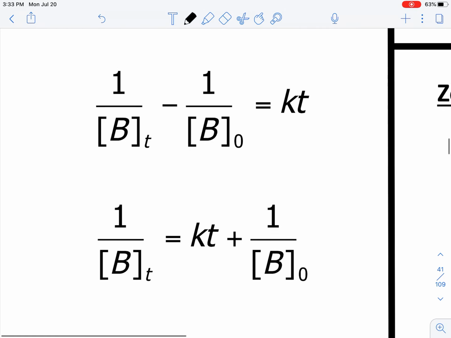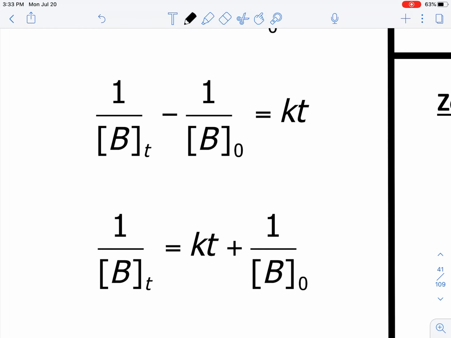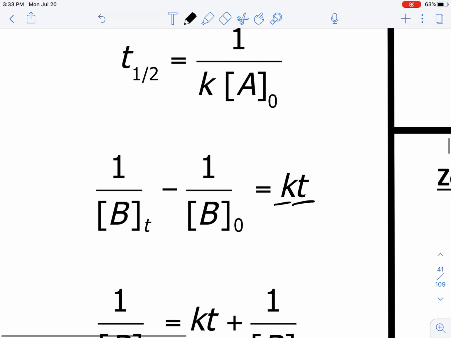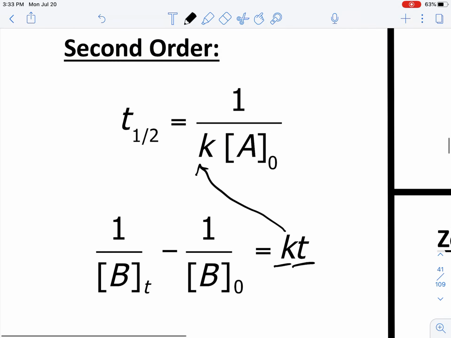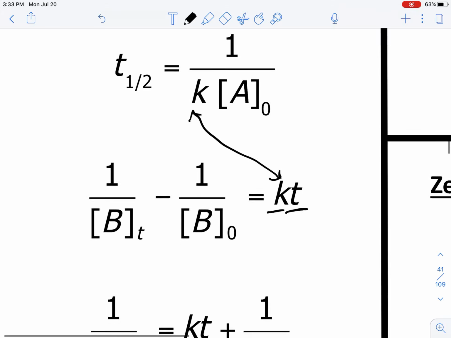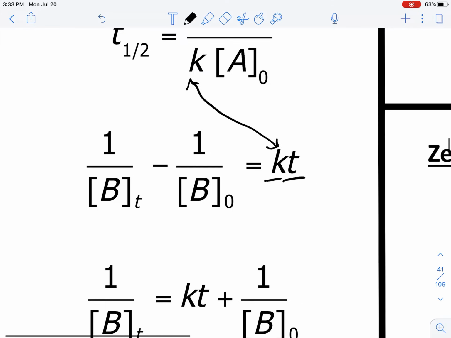So if we look at the second order rate law, all of the pieces are the same. So this t is any time, k is the rate constant k, which is the same as this rate constant k for second order half-life. So instead of B, you guys can just say A for consistency.